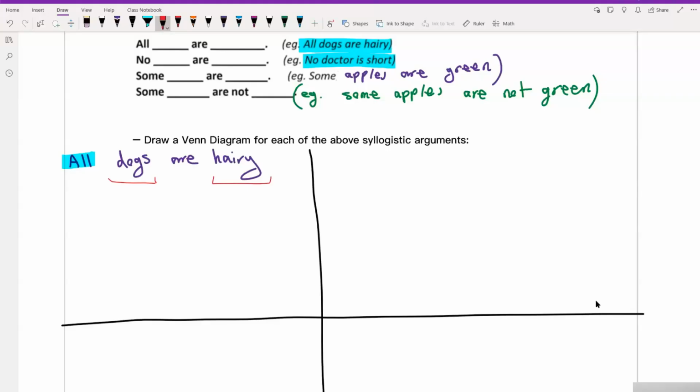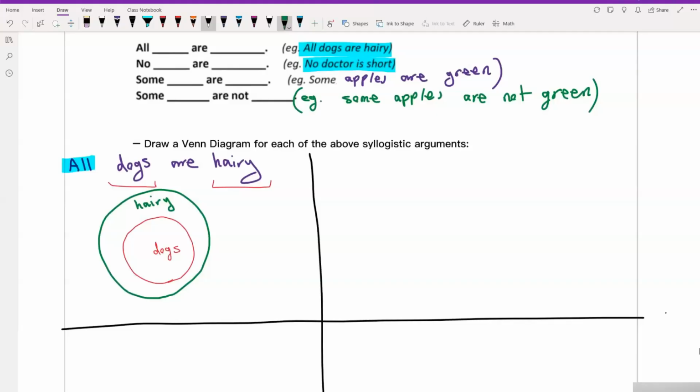First, I'm going to draw dogs. This is one circle. And all of these members inside this circle should be inside the other one. And this green part is for hairy. So that was for the first one.